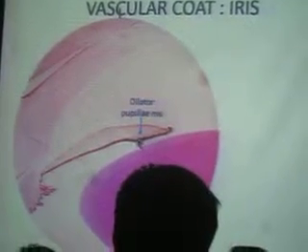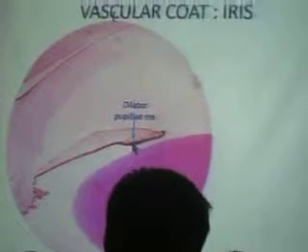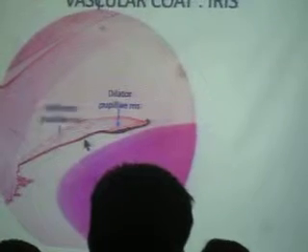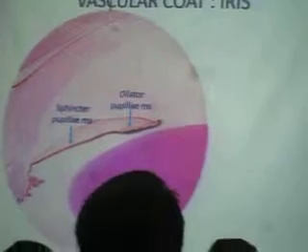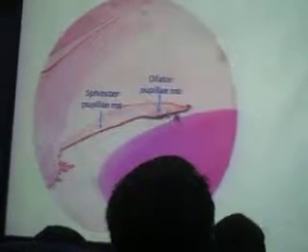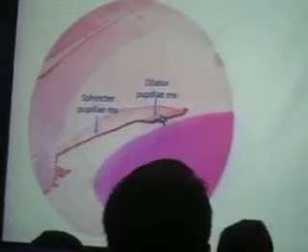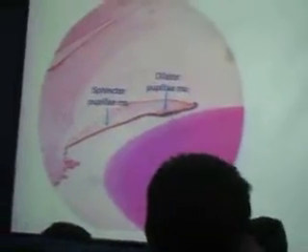Notably, you have the muscles that will move the iris. You have the dilator pupillae, and this is the constrictor pupillae. Sorry, reverse. So this is the constrictor pupillae and the dilator pupillae. The constrictor pupillae is towards the pupil. It is circularly disposed like that.